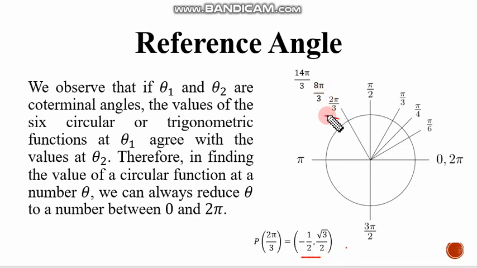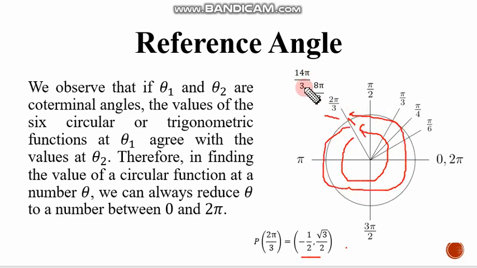To get a coterminal angle from 2 pi over 3, we add or subtract 2 pi. So from 2 pi over 3, we add 2 pi. So that's 8 pi over 3, and for another turn, we add another 2 pi, that's 14 pi over 3.